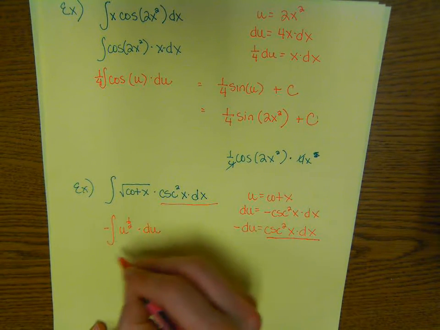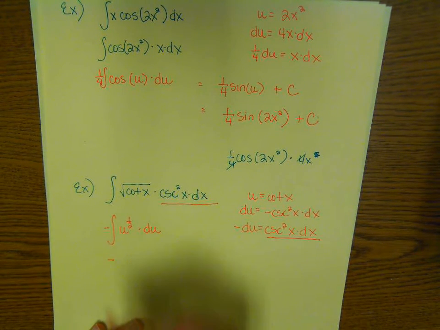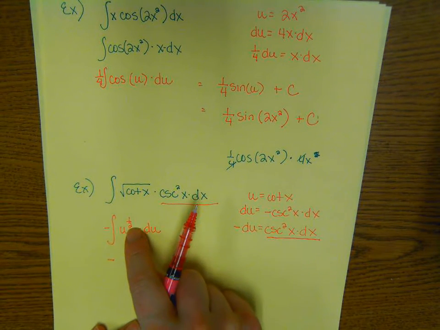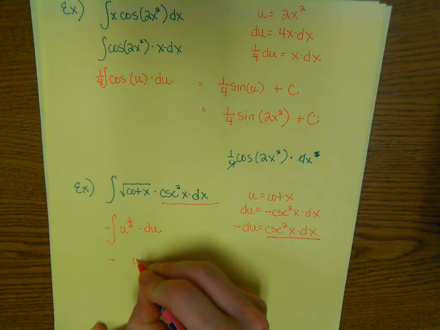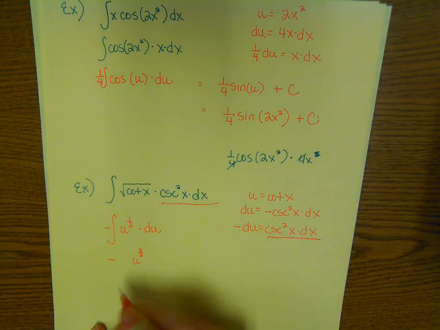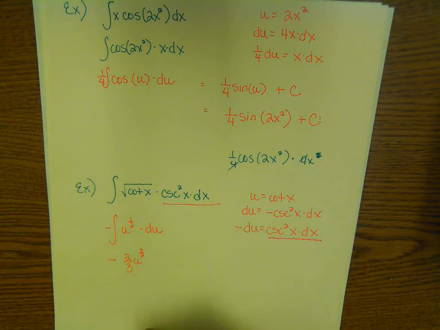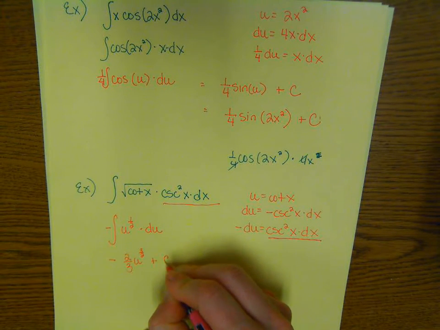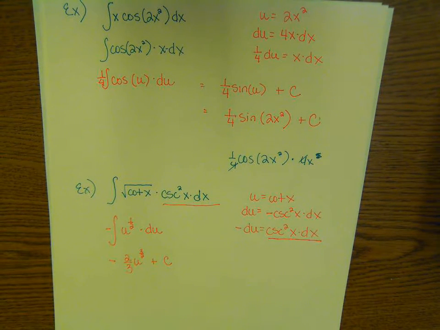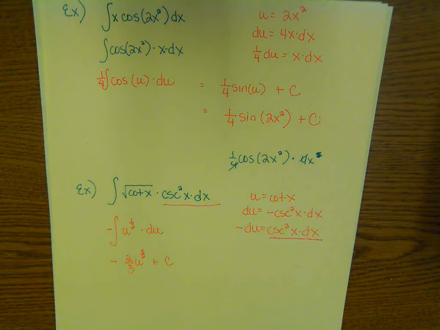Okay, and we can make it a -1 or whatever. So once again, this is negative. If I add the power back on, it's u to the 3/2. What do I need in front to cancel it out? I'm running out of time.